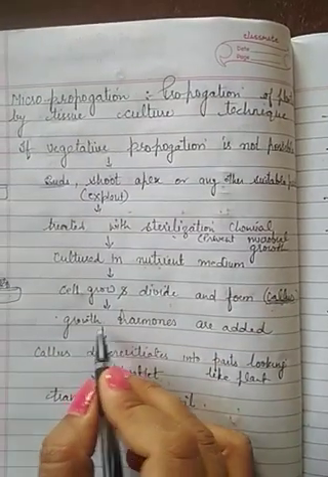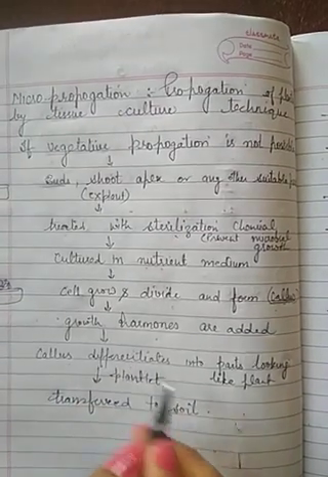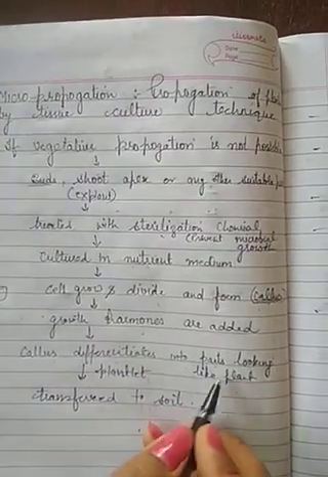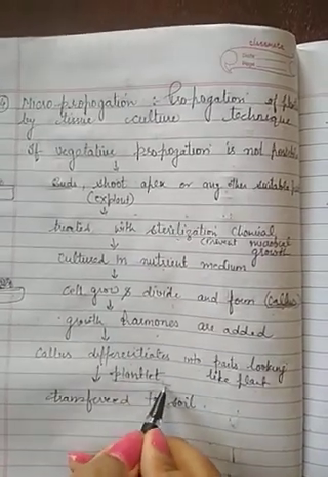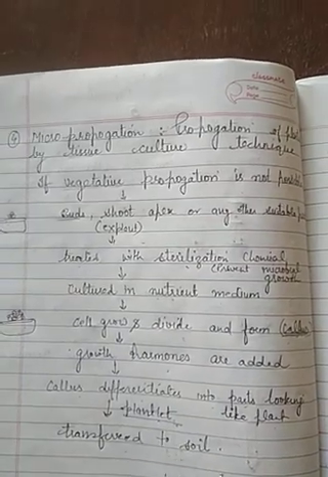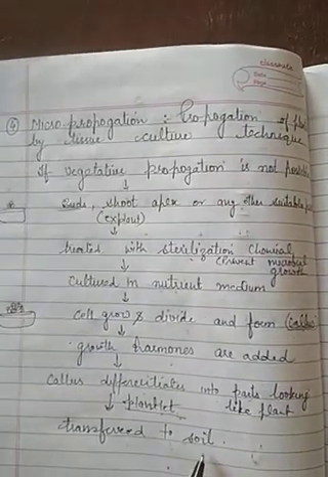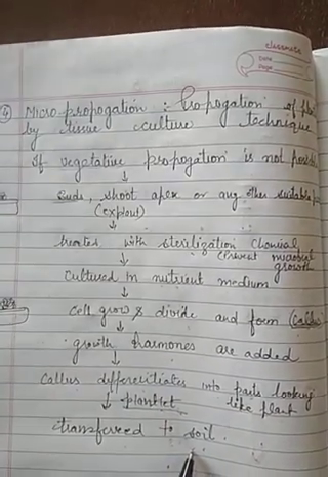Now we are going to add some growth hormones. After that, the callus differentiates into parts which will look like a plant, and those parts are called plantlets. Now these plantlets we transfer into the soil, and they will grow as a normal plant.